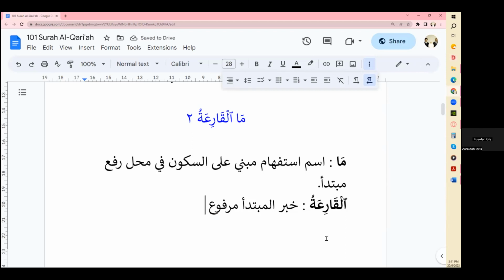And in Iraab books, the problem is that they were mostly handwritten, so they say go back to something they've done before, but sometimes it is not exactly the same, so that becomes a problem also. So here the ma will be khabar muqaddam, is it?